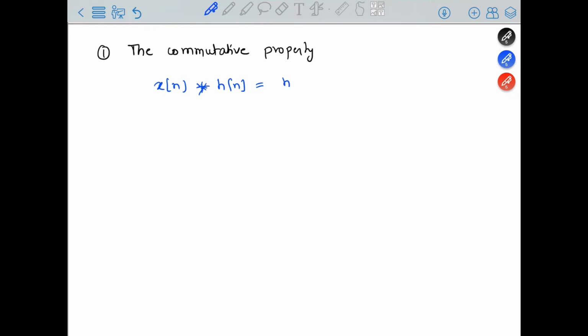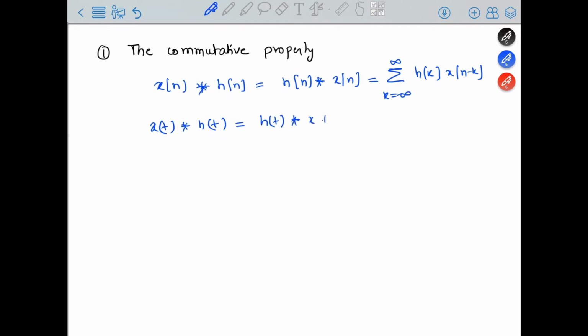It is equivalent to h[n] convolve with x[n], which can be represented as summation k equals minus infinity to infinity h[k] x[n minus k]. Similarly for continuous time, x(t) convolve with h(t) is equivalent to h(t) convolve with x(t), which is equivalent to the integral from minus infinity to infinity h(tau) x(t minus tau) d tau.